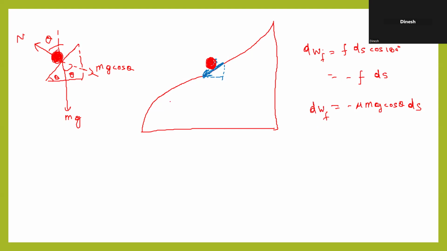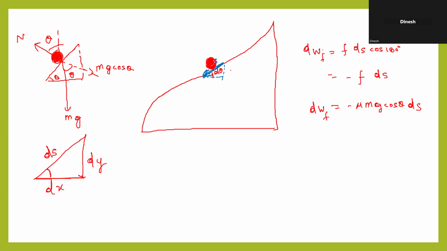If this is ds, can I take this as dx, this as dy? This is a small angle. Here I have taken theta, but actually this is very, very small. For your understanding I have written theta, but actually this will be d theta.